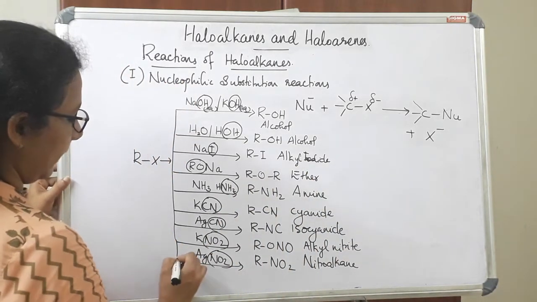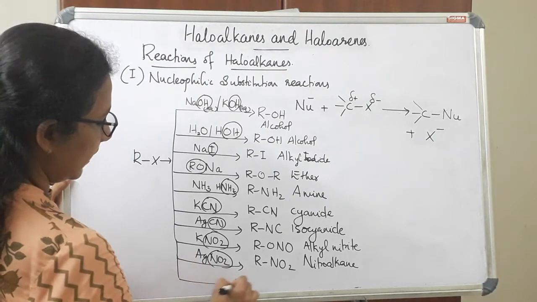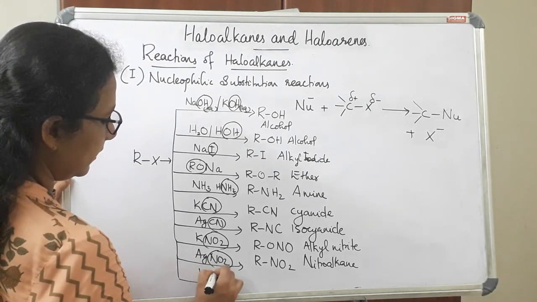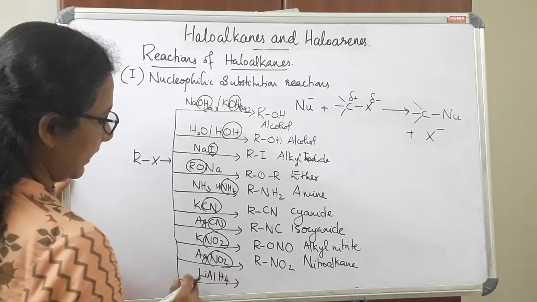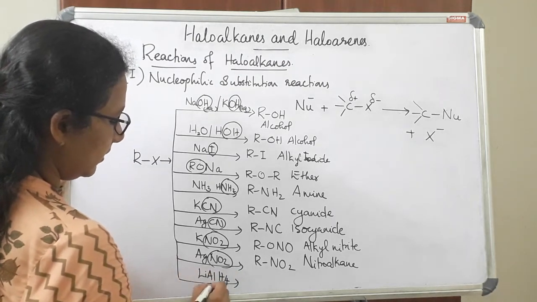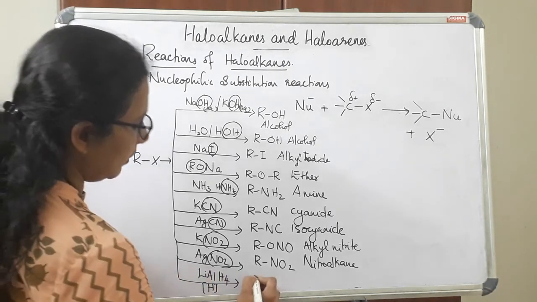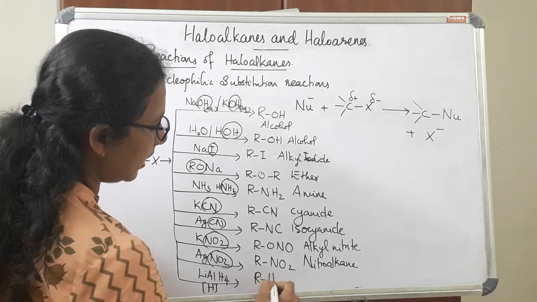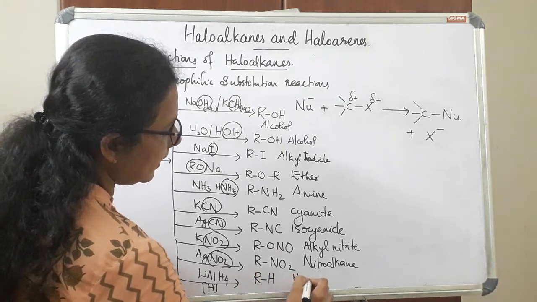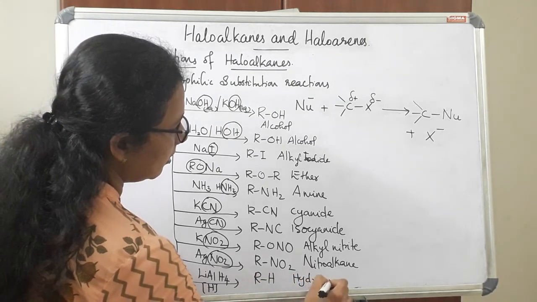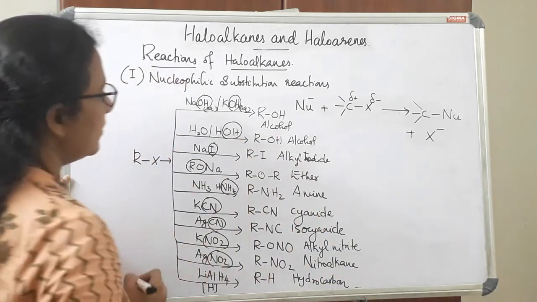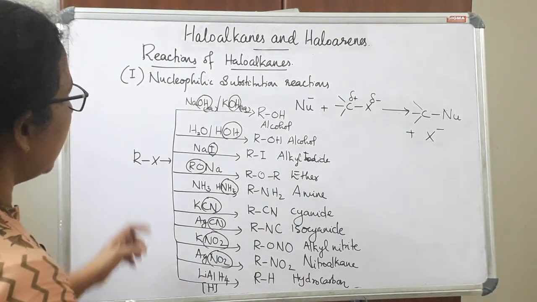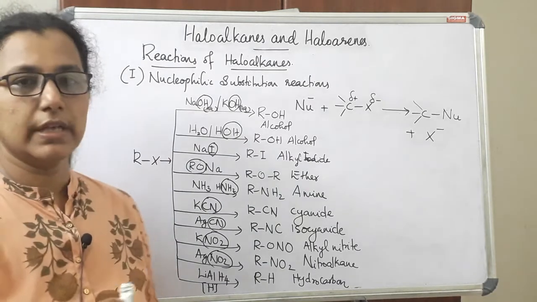And the other reagent is lithium aluminium hydride, LiAlH4. Here hydrogen is the nucleophilic part, and we will get RH. So this will be a hydrocarbon. These are the common examples of nucleophilic substitution reactions.